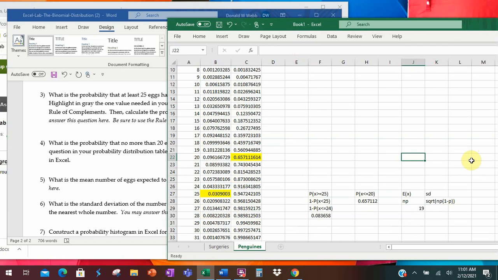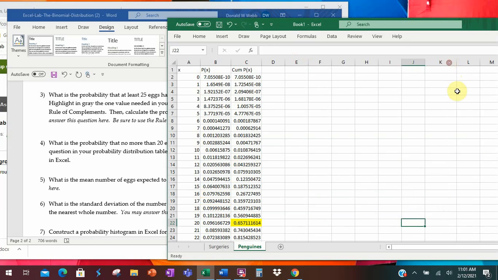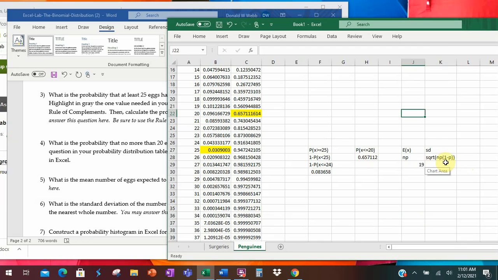So this is going to be equal to square root. Excel, calculate the square root of 100 times 0.19 times 1 minus 0.19. The other percentage. The percentage of not successful is what that is, basically. And that gives us a 3.9.